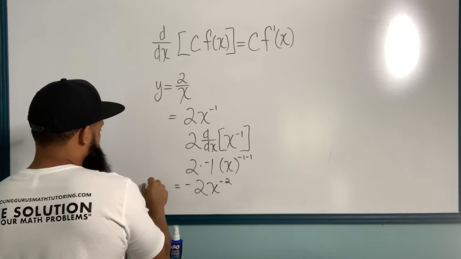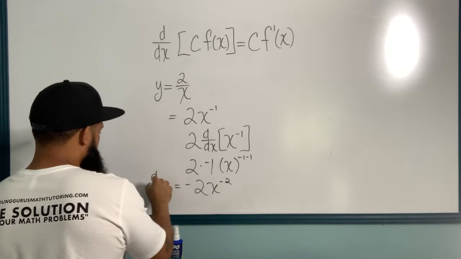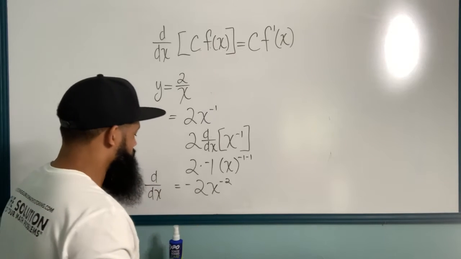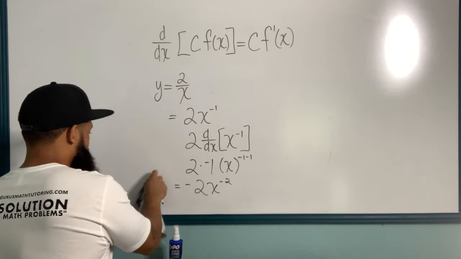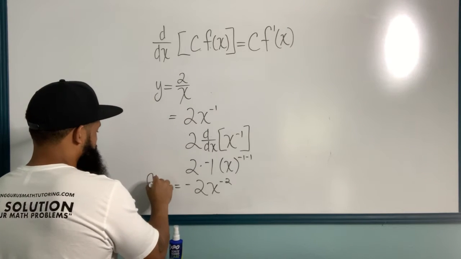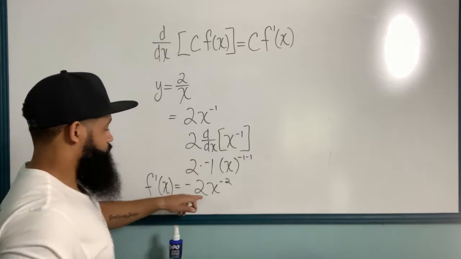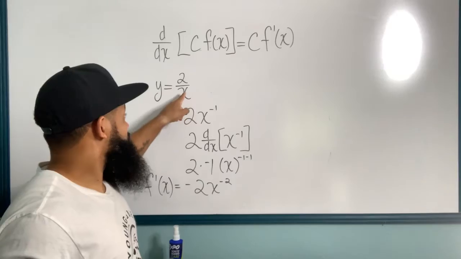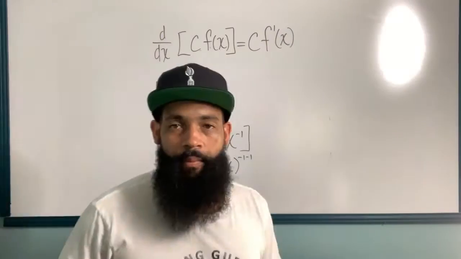So the derivative, or actually we could write it like this. Let's just say f prime of x equals negative 2x to the negative 2 power. And that's the derivative of this function 2 over x.